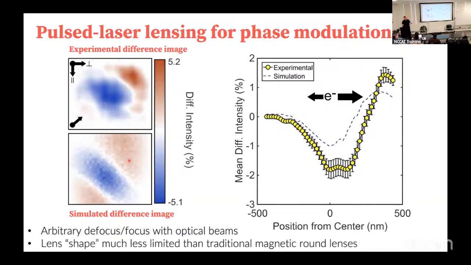And we tried to recreate that using simulation to show that this is what you would expect to have from the timing and the laser power that we were using. And you can sort of see that the simulated difference image is similar, certainly in terms of the magnitude of the effect.